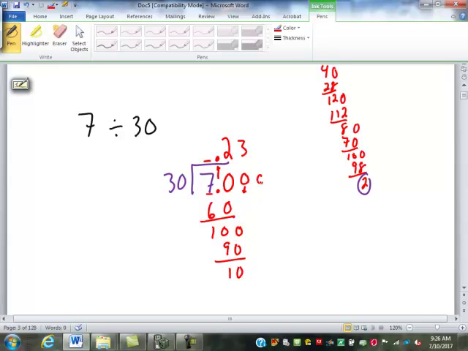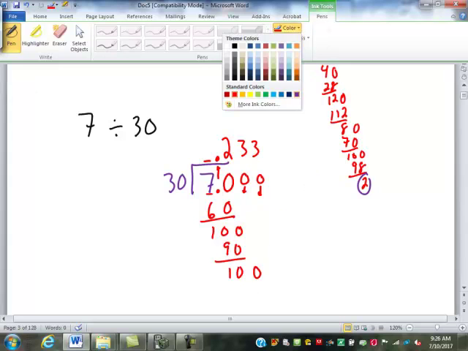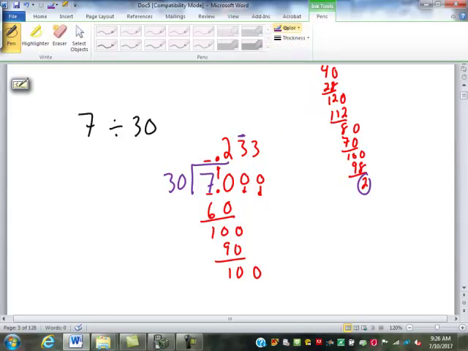Leaves me with 10. I can add another 0. 30 goes into 100. 3 times. Okay. So we see it happening here. That's going to repeat. So that is 0.23 with the 3 repeating.